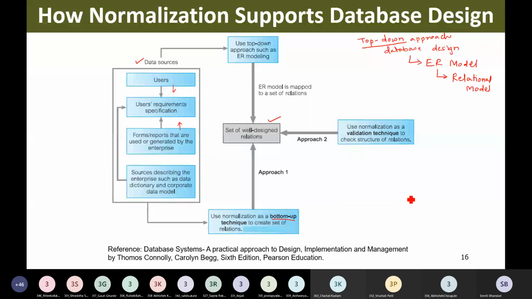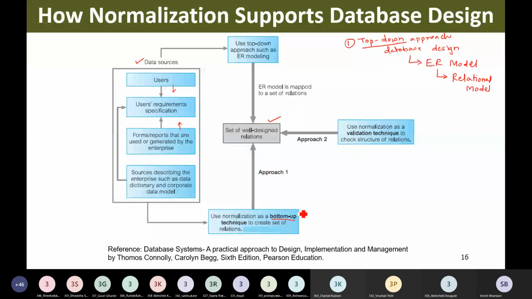Fine. So we have seen one approach so far, and that was the top-down approach, wherein after collecting the data related to the enterprise, we used to follow steps like preparing the ER model.